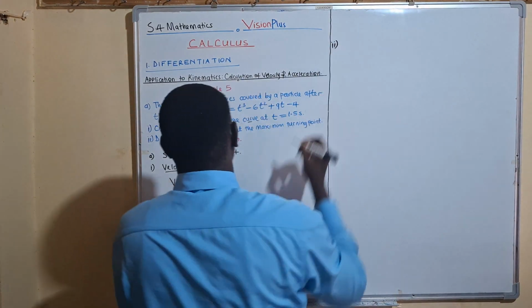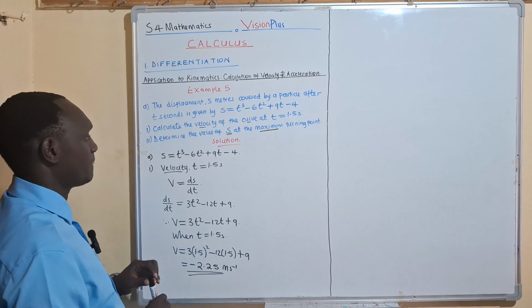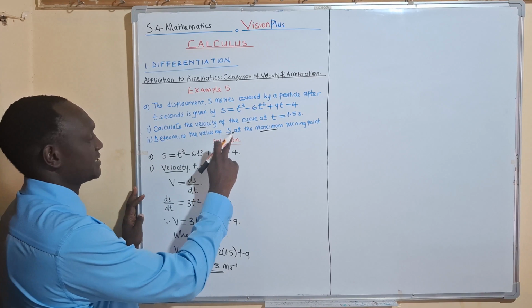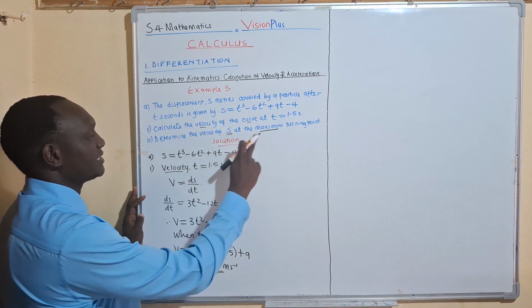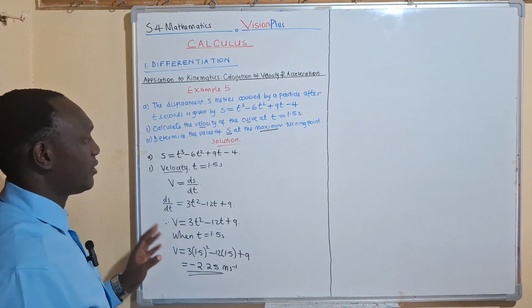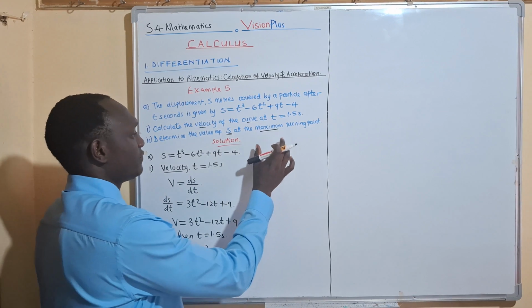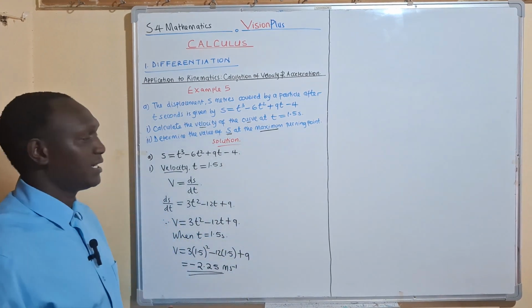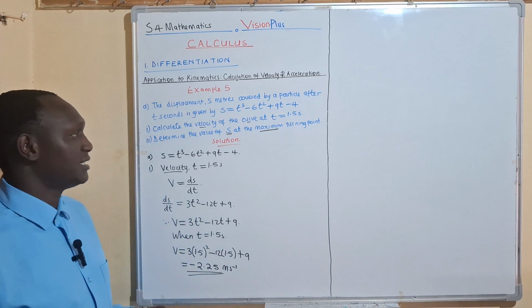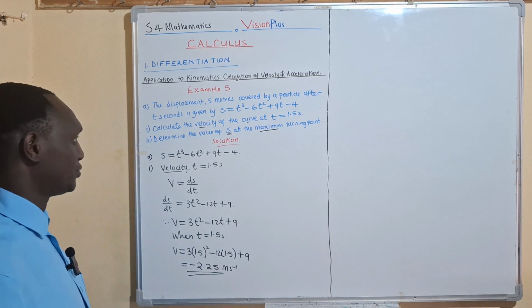Going to Roman 2. Roman 2 says determine the value of s, which is the displacement at the maximum turning point. For us to get the value of s at the maximum turning point, let us first know what the turning point of this curve that describes our motion is.